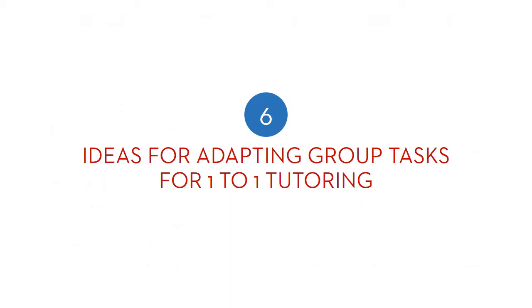I'm hoping that you already noticed how many small group tasks from English Forward can be adapted to one-to-one tutoring. You just need to be willing to be a partner in the learning process. The tables on the next 3 slides offer ideas on adapting the English Forward curriculum units for use with a single student.